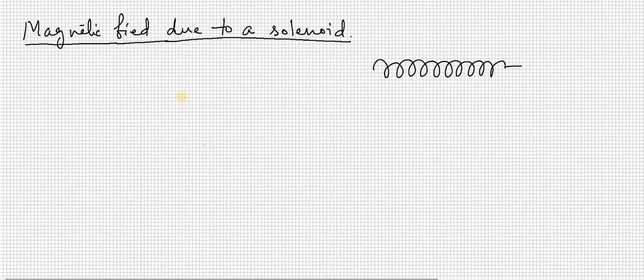Coming to the next application of the Ampere circuital law, we are going to determine the magnetic field due to a solenoid. Here we can see a solenoid. A solenoid is nothing but a helical spring, that is, a wire wound in a helical shape.